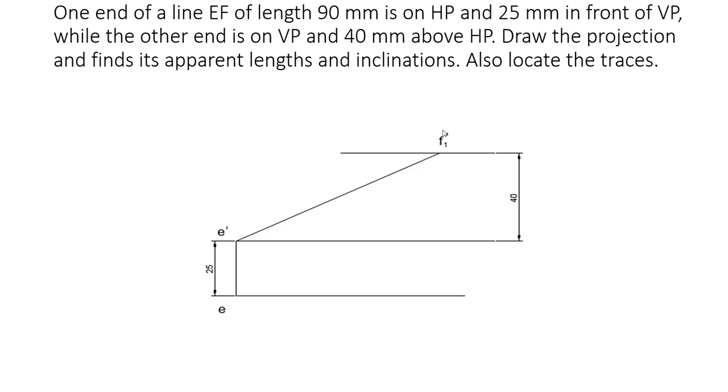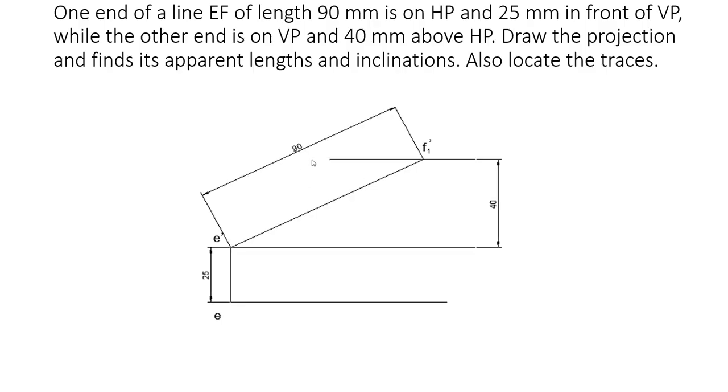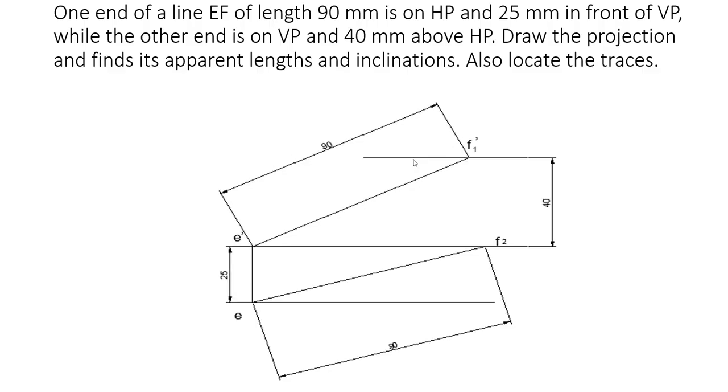Now since the line length is 90 mm, from E dash we want to cut 90 mm to this 40 mm above line. Name that point as F1 dash, and also do the dimension 90 mm like this.